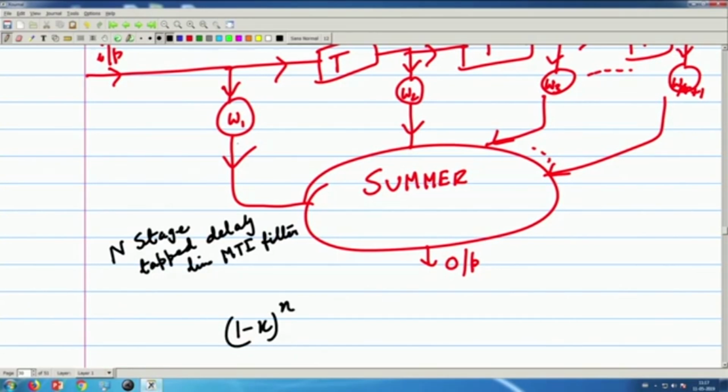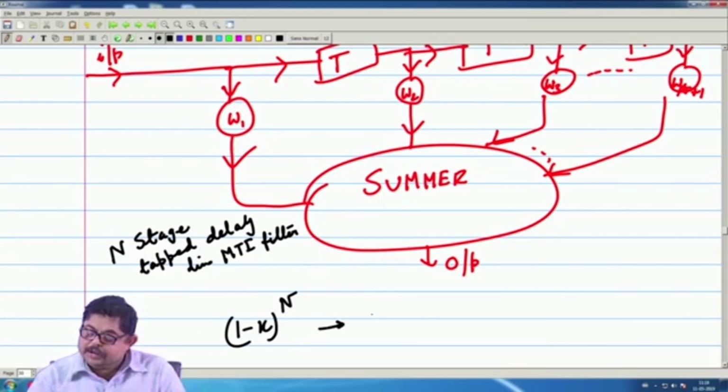In our case, these W1, W2, W3 etcetera are the coefficients of the expansion of 1 minus x whole to the power, sorry, capital N, with alternating signs.